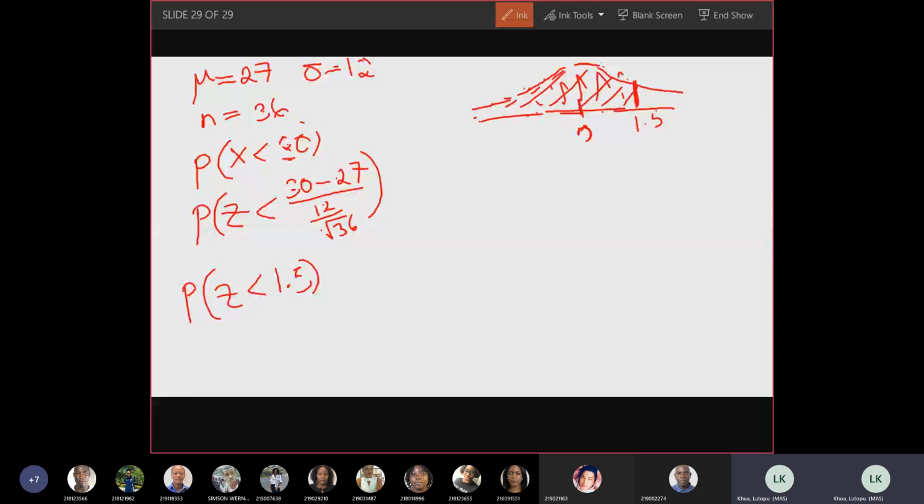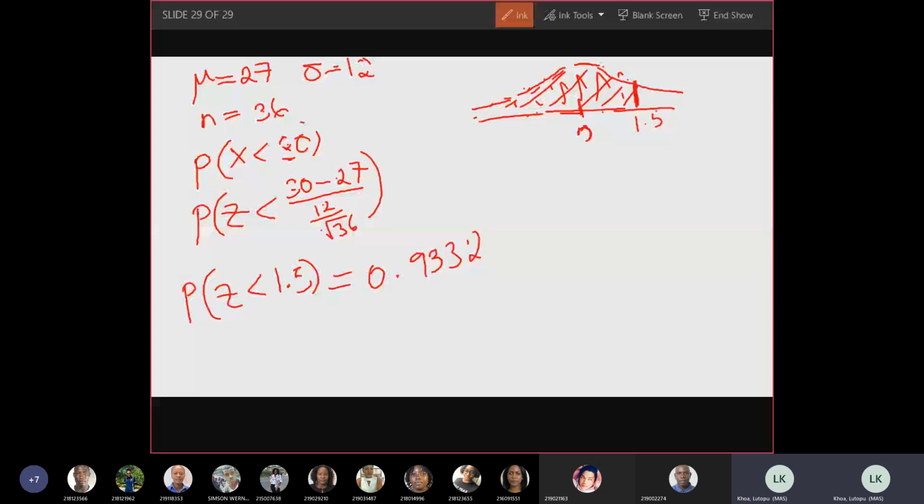So the probability that Z is less than 1.5 is equal to 0.9332. Here I don't need to subtract 0.9332 from 1, because the area that I'm looking for is the same as the one given on the table.